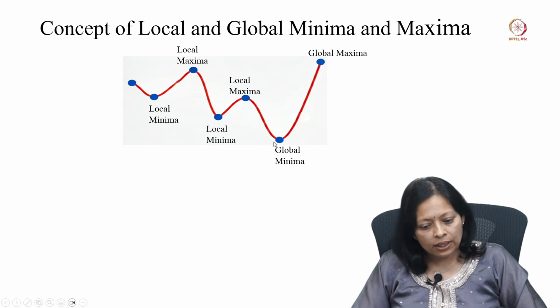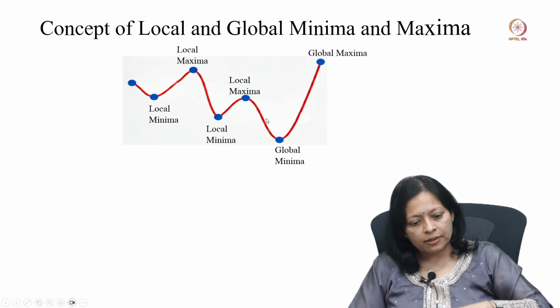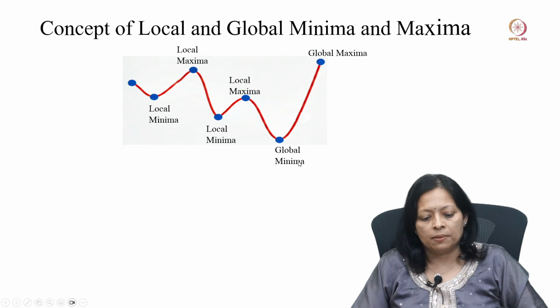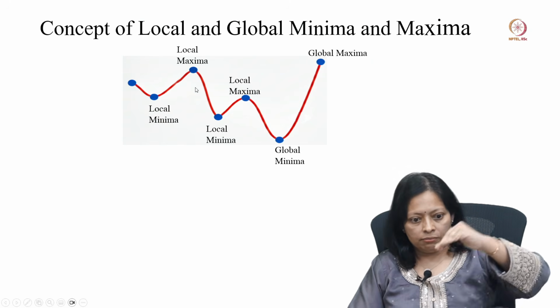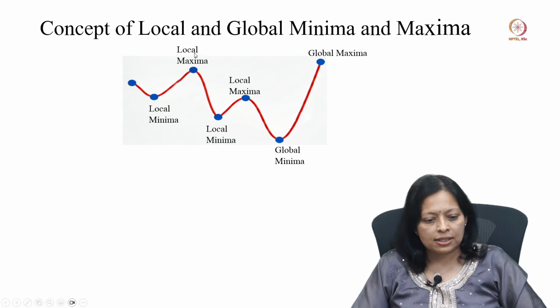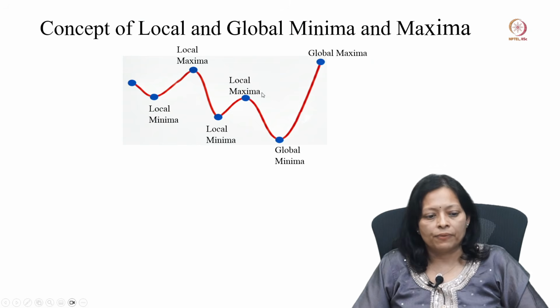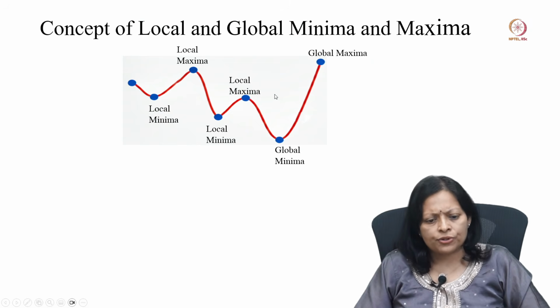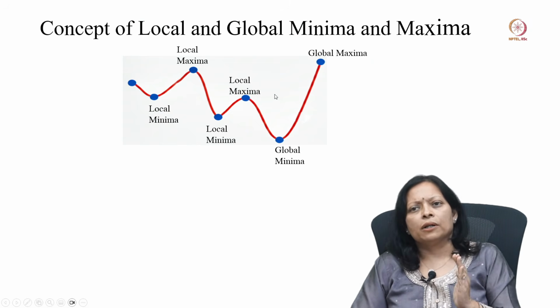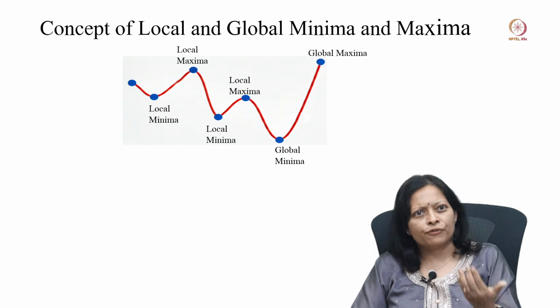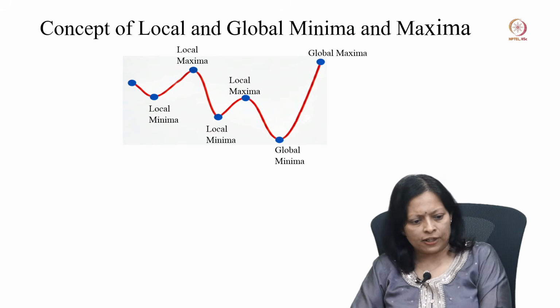Wherever you get the minimum of the entire region, that is called the global minima, and the other valley points we call local minima. Similarly, this is the global maxima, and these crests in between are called local maxima. This is very much possible when we have a landscape of a non-convex loss function.